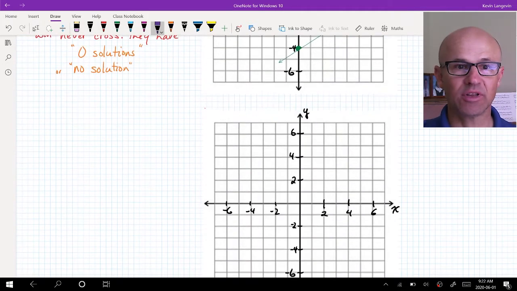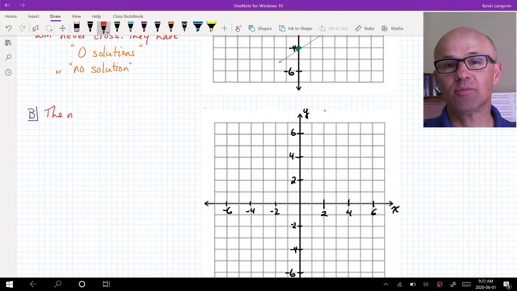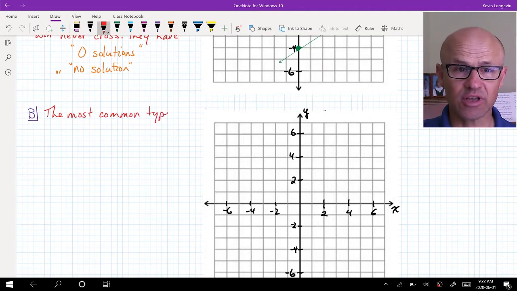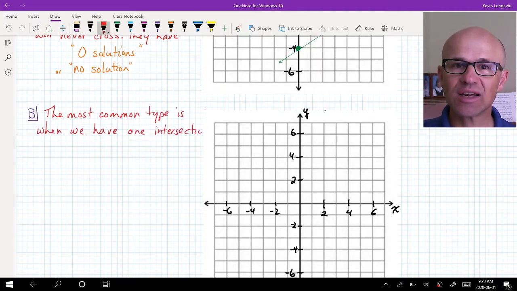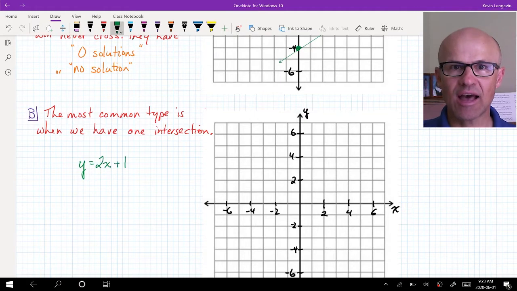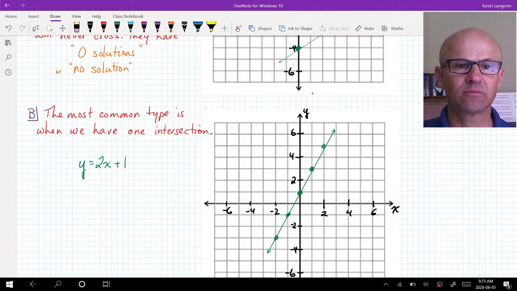Second possibility, which is the most common type that we've worked on over the past couple of weeks, is when we have one intersection. The two lines clearly cross one another, and the coordinates of that dot are where we have our solution. Let's suppose we have y equals 2x plus 1 as our first graph, y equals negative 1/3 x as our second graph.